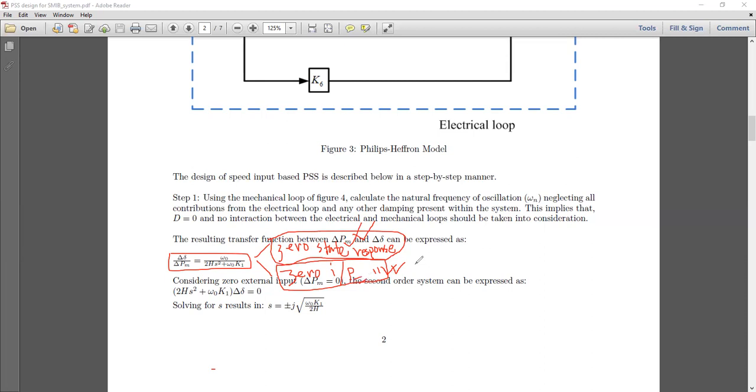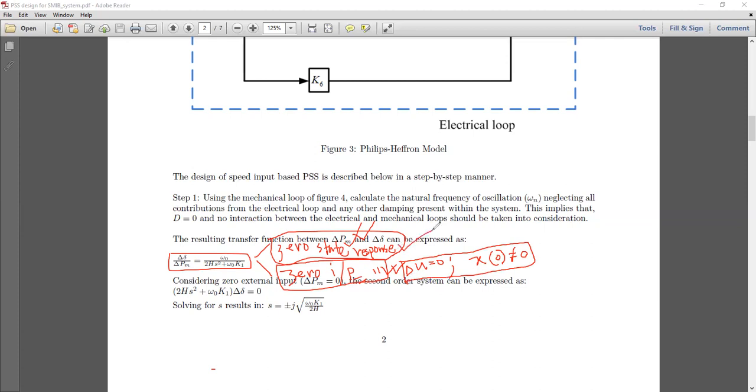So input is 0, U is 0, disturbance input is 0 in this case, but the initial state values are non-zero, okay? As we are representing states with the help of X, so the X zeros are non-zero, at least some of them, if not all. So this is the configuration for obtaining or analyzing zero input response.